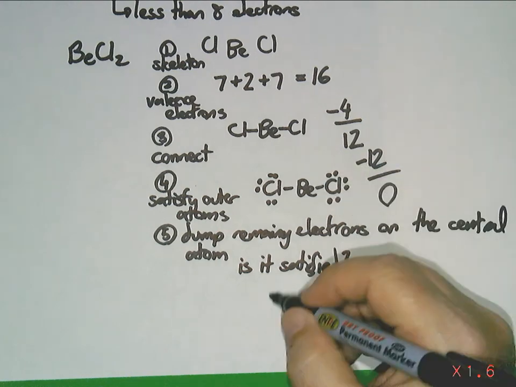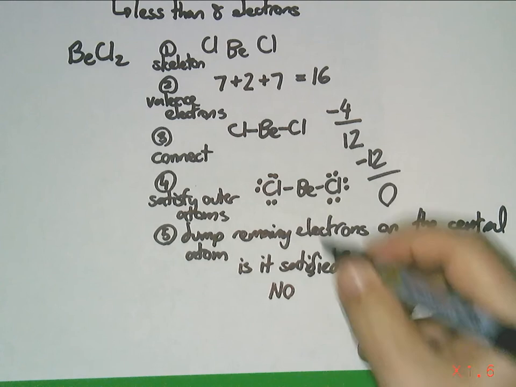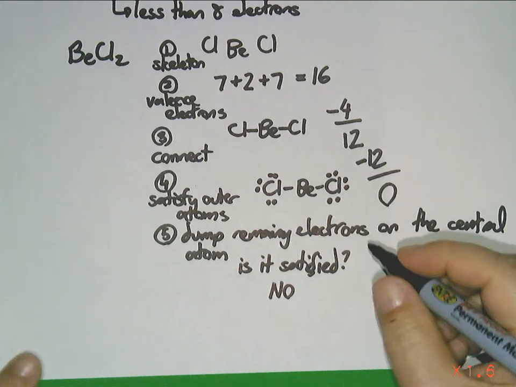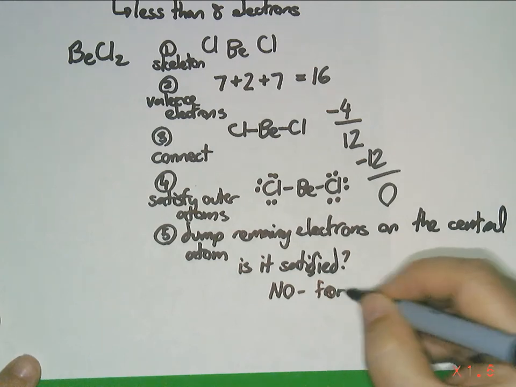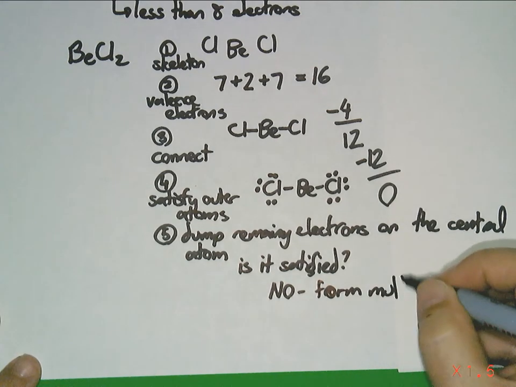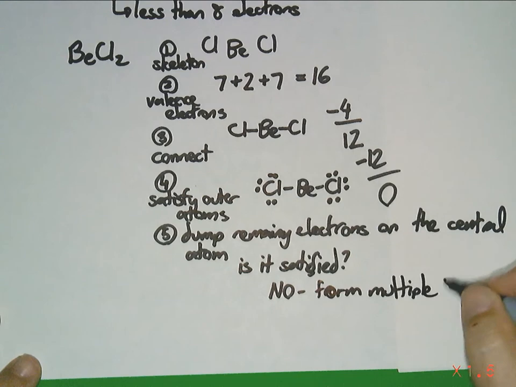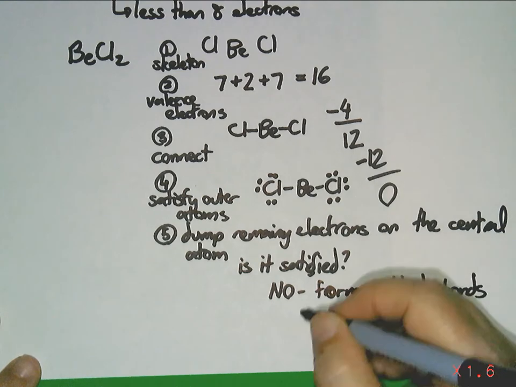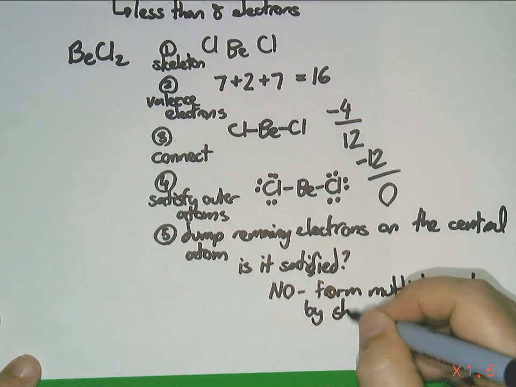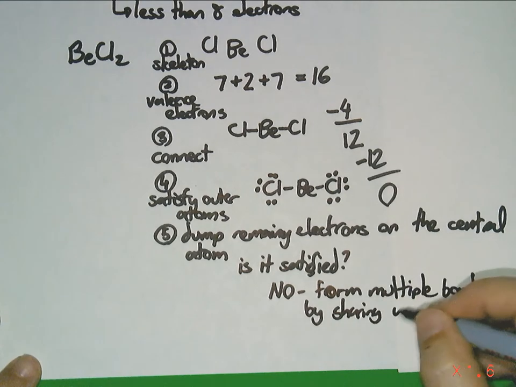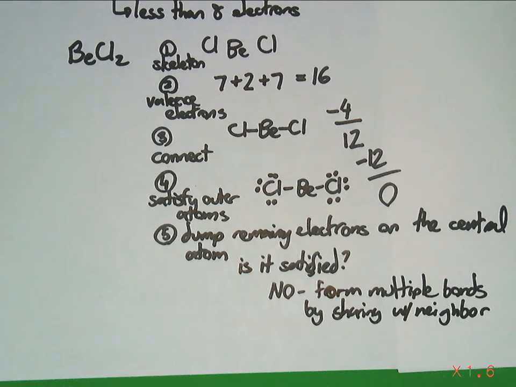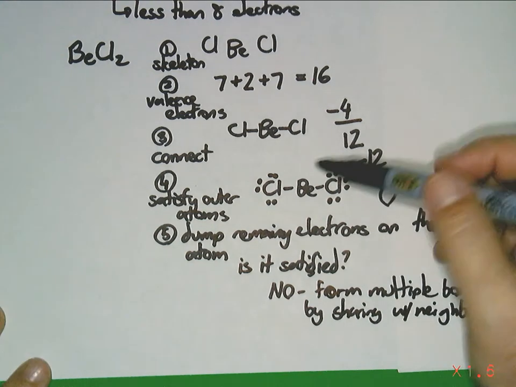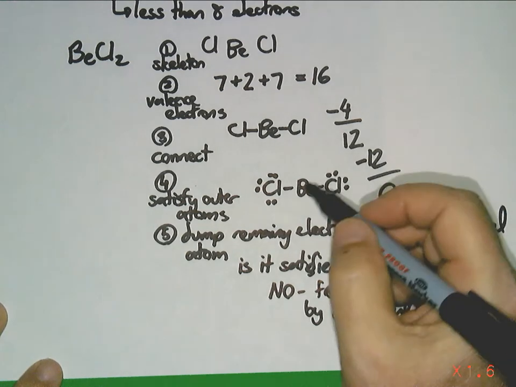So the recipe would say, if your answer is no, then form multiple bonds. But this is a case where the recipe leads us astray a little bit, because if I go ahead and do that, I can give beryllium an octet.